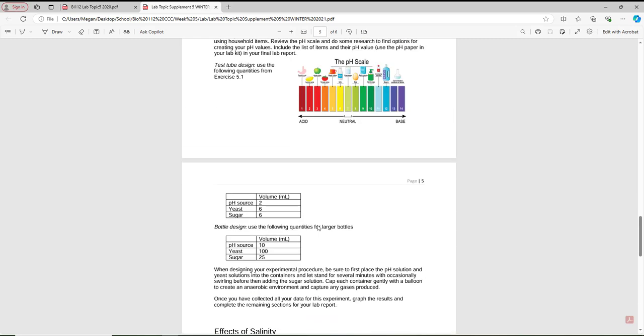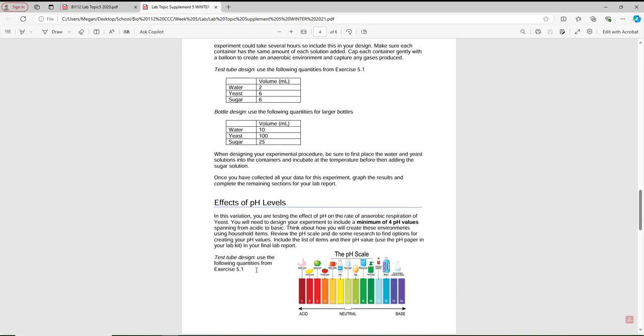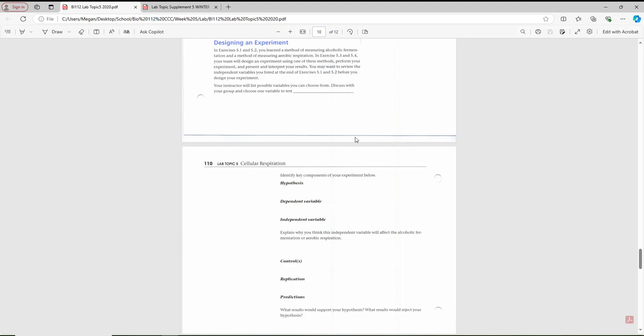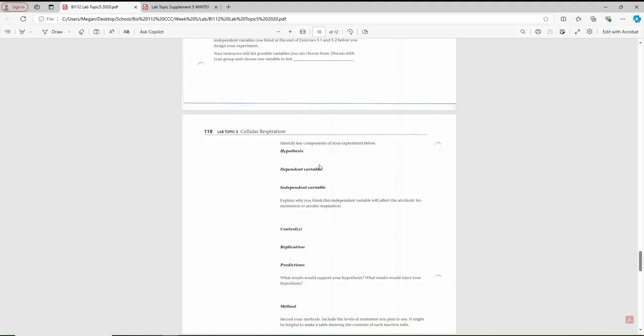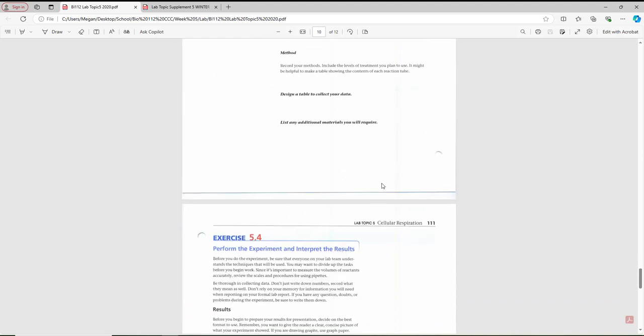So which variable you chose, make sure you've set up your experimental design based on those directions, okay? So you can transfer that information and write out what was your hypothesis, what was your dependent variable, what was your independent variable, and so forth, okay?